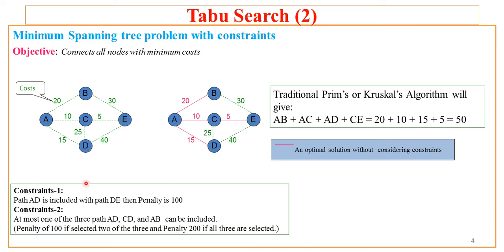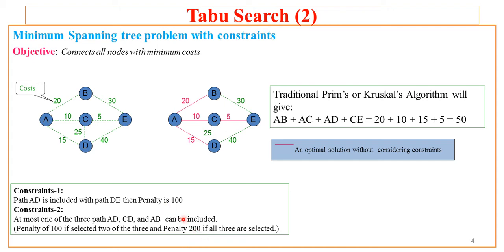Now the given constraints for the problem are: constraint 1, if path AD is included with path DE, then the penalty is 100. Constraint 2, at most one of the 3 paths AD, CD and AB can be included. If any 2 paths out of these 3 are included, then the penalty is 100, and if all 3 paths are included, then the penalty is 200.